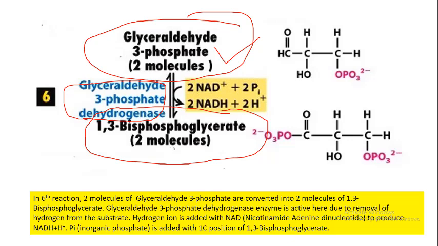Hydrogen ion is added with NAD, nicotinamide adenine dinucleotide, to produce NADH plus H plus. Pi, inorganic phosphate, is added with one carbon position of 1,3-bisphosphoglycerate.